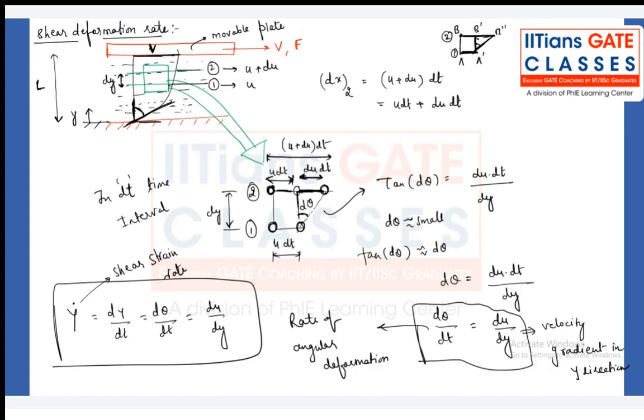This angular deformation is called d theta. And d theta by dt is du by dy. That means how much the velocity is changing by changing the y distance. And what is the shear strain rate? Already we know that d gamma by dt is equal to d theta by dt, which is equal to du by dy. Please make a note of it.